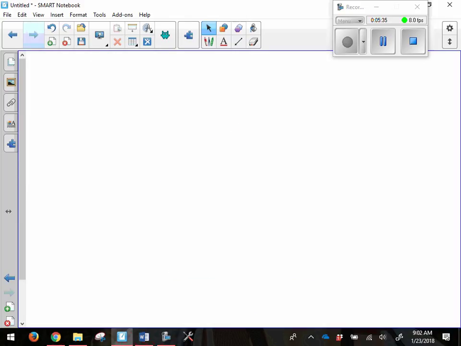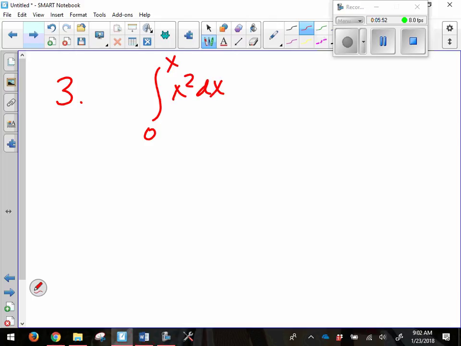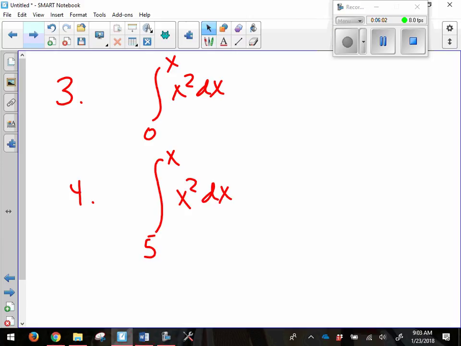3 is without graphing. We want to know what the x-intercept is going to be for the integral from 0 to x of x squared dx, and for 4, the integral from 5 to x of x squared dx. What are we going to get?